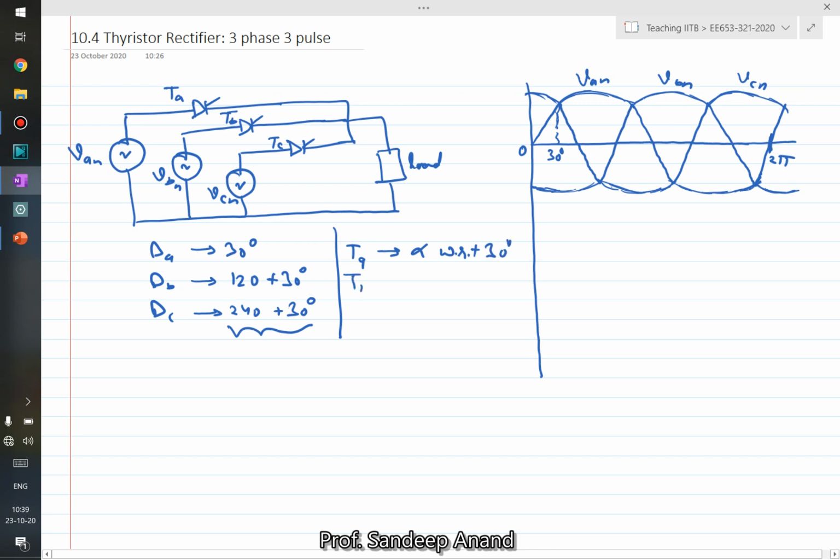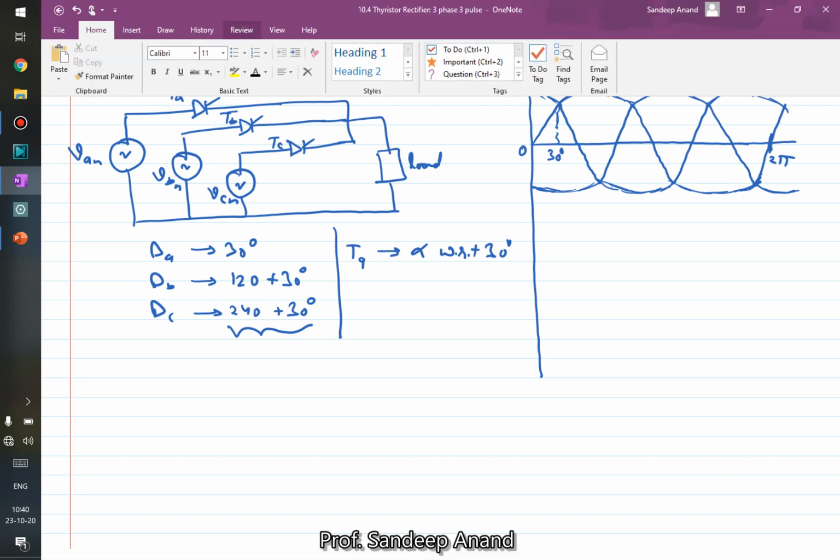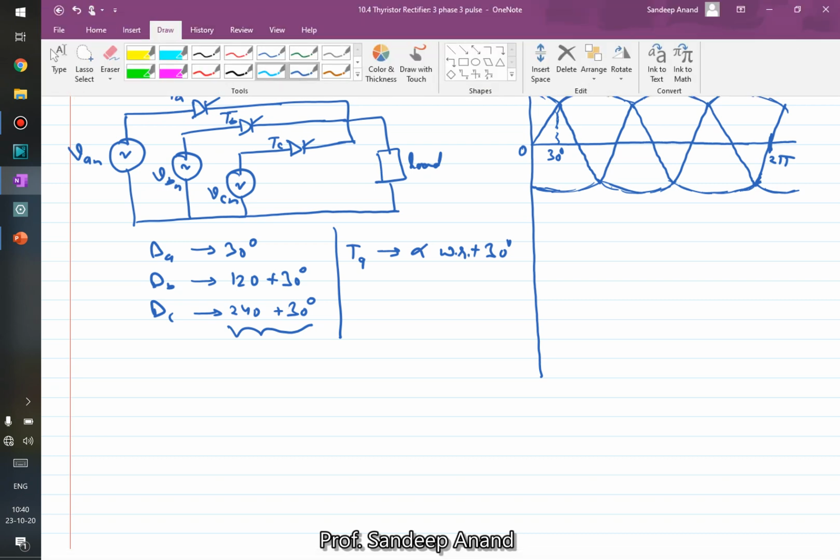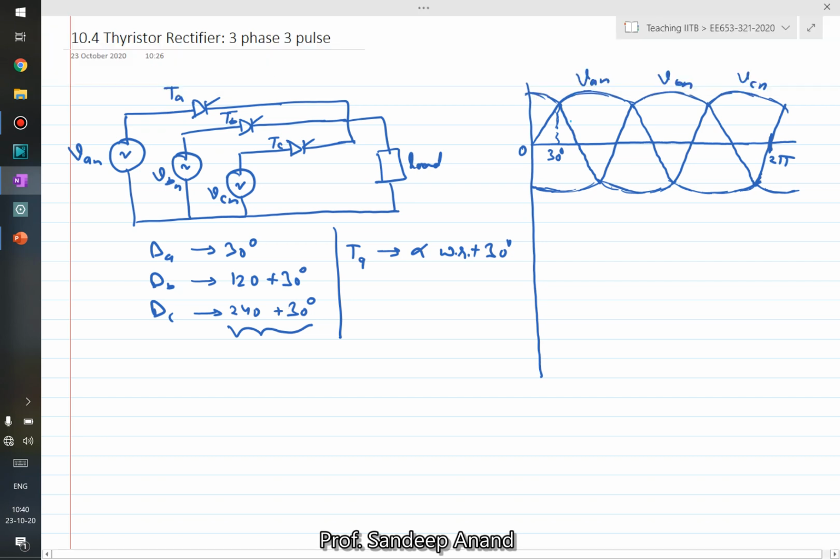Let's say thyristor A is being fired at this instant. So we define this difference as alpha, the firing angle, right? And it is fired at theta equal to alpha plus 30 degrees, if theta is starting from 0 here.